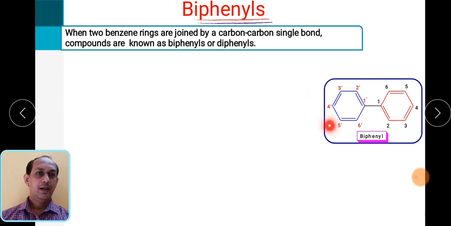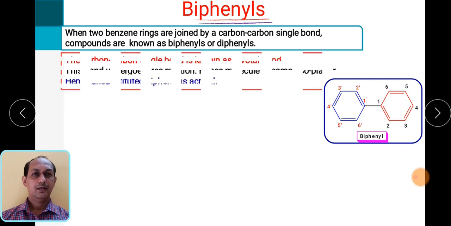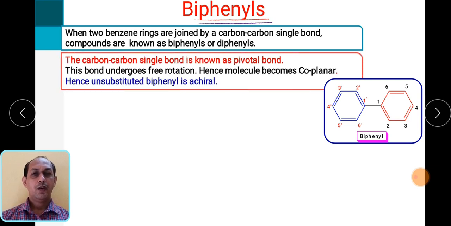Where you will find the two phenyl rings, they are connected to one another by means of a single bond. Okay, so a carbon-carbon single bond which is connecting two benzene rings, such a type of compounds are called as biphenyls or diphenyls.